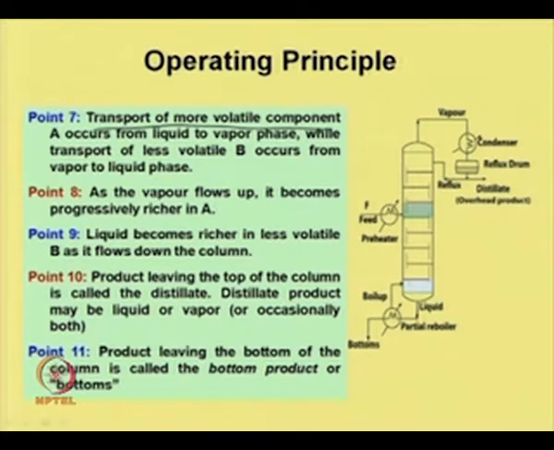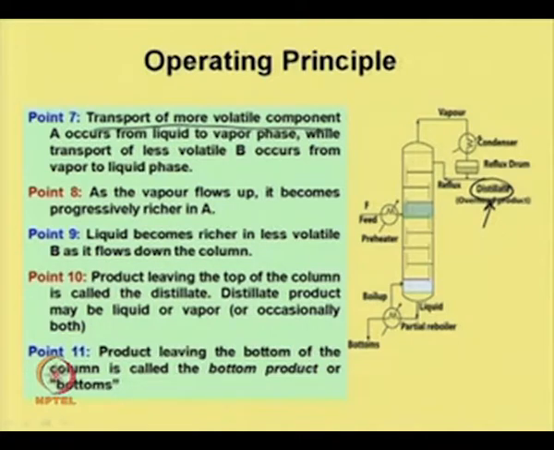As the vapor goes up, it becomes richer in A, and as the liquid flows down the column, it becomes richer in component B. The product which is leaving at the top tray is known as the distillate or overhead product, and this product may be liquid or vapor, or sometimes it may be both.